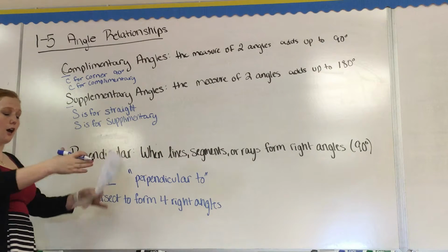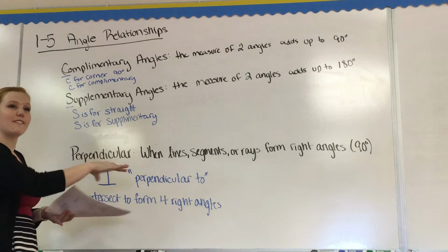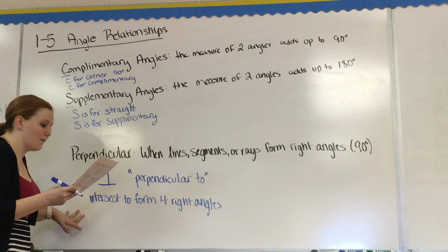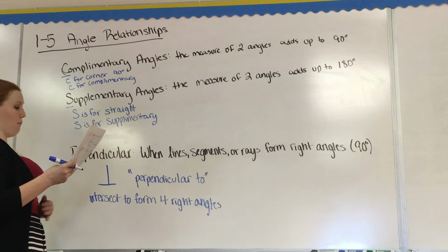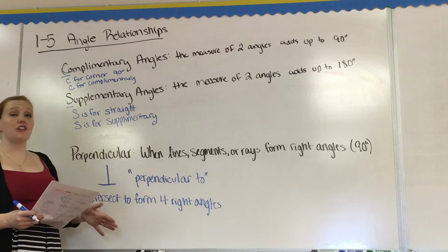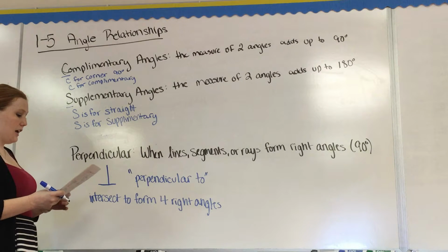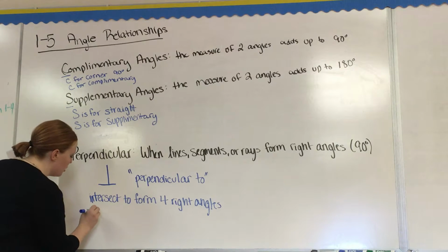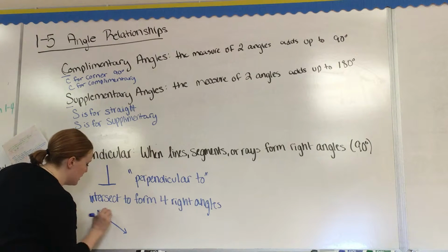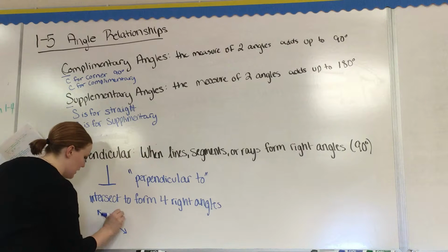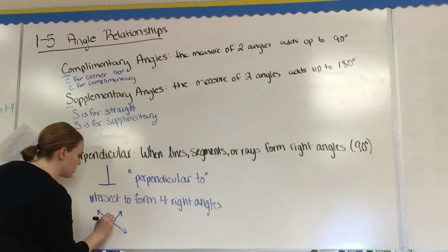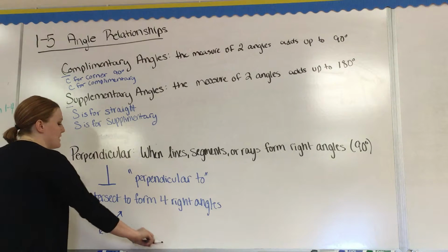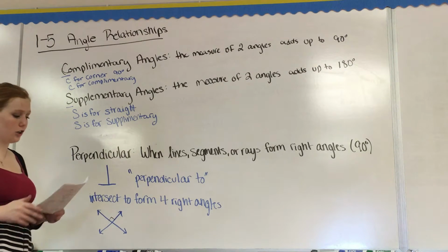Think about when two roads intersect, you get four different corner lots. That's the same idea. When they intersect, they form four right angles, which also means that they are congruent adjacent angles. And when you see the right angle symbol, a little square, that means that these two lines are perpendicular to each other.